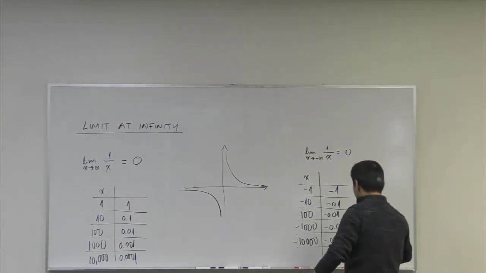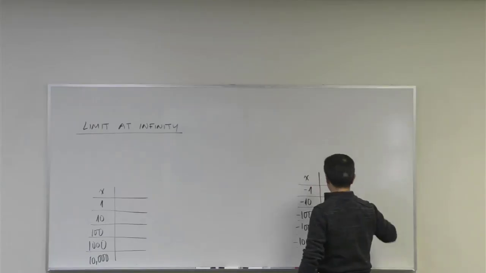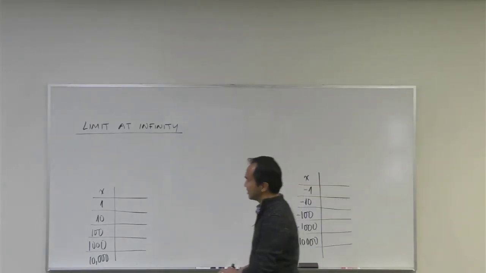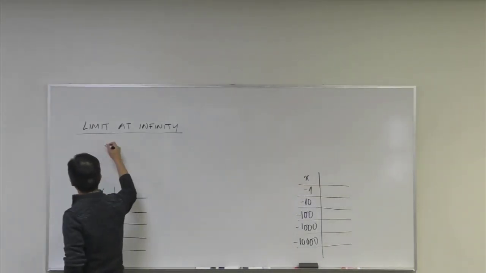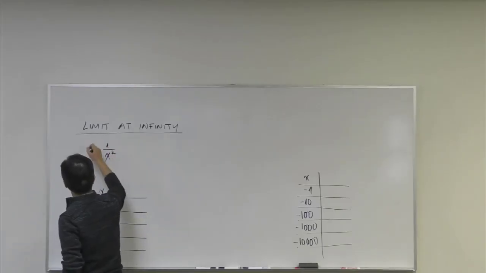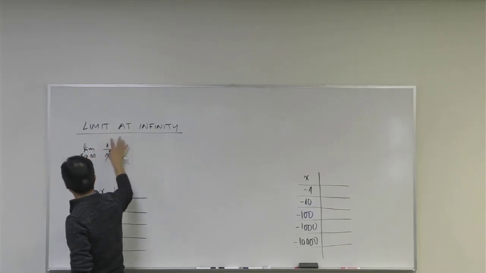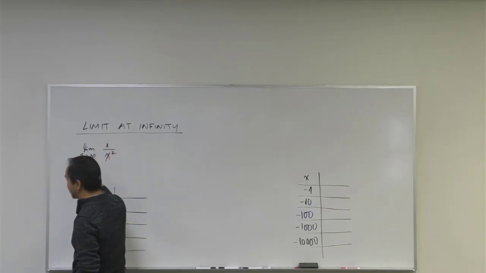And then let's explore a little more. All right, so let's keep a table, the empty table here ready for action. Now I'm going to come up with some new function. So what about 1 over x squared here? If we want to investigate the right-hand behavior of this function, what's going to happen to the function output as we let x get further to positive infinity?